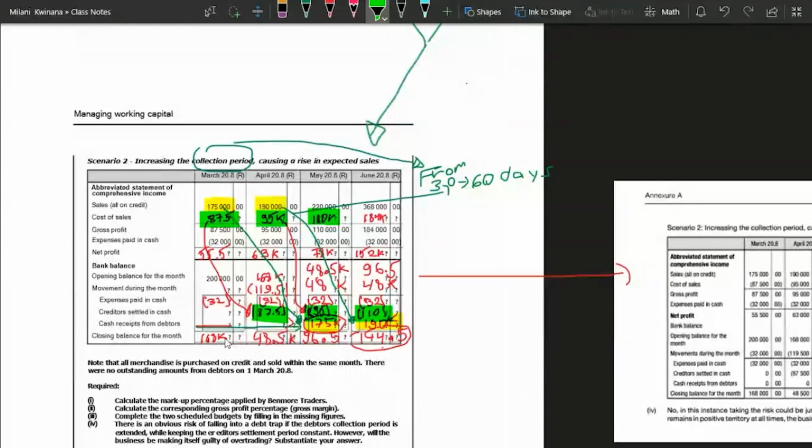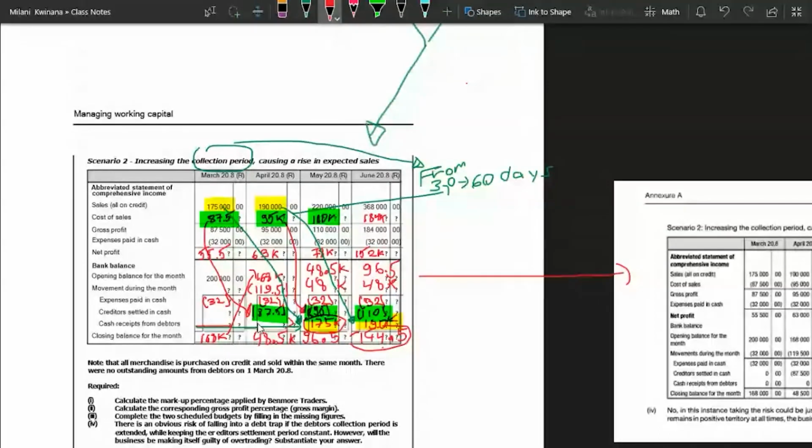Do we agree? Yes, sir. The closing balance of one month becomes the opening balance of the other month. This amount is going to be the opening balance for April. Do we agree? Yes, sir. That's it. So that's the calculation you need to do.